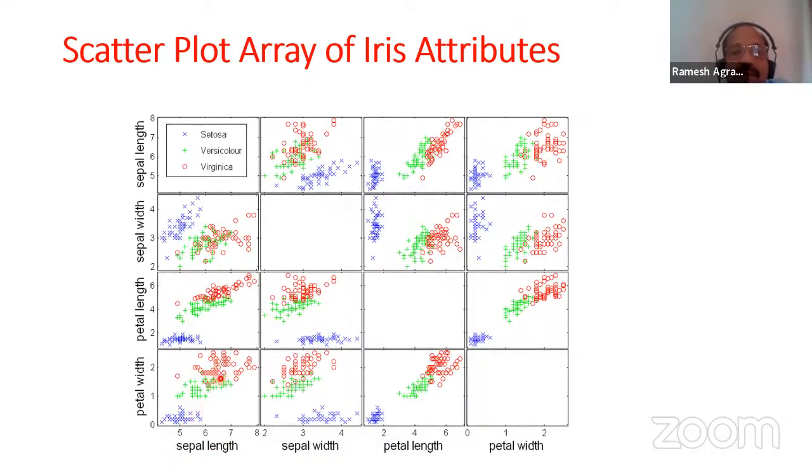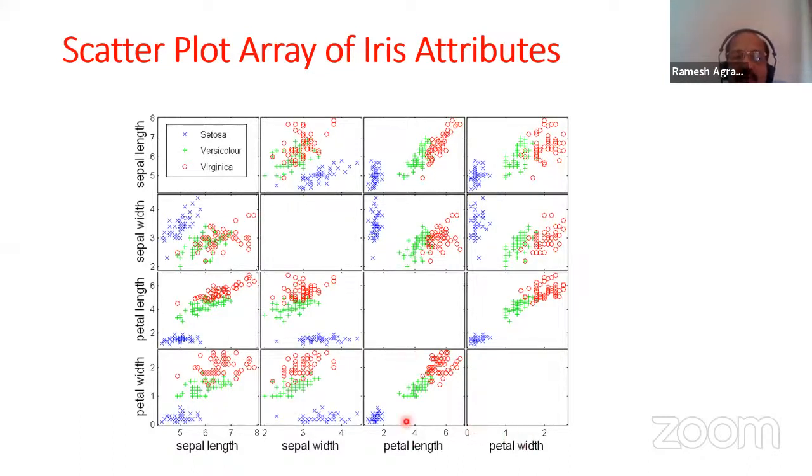Blue is setosa, the green plus symbol represents versicolor, while the red circle represents virginica. You find that there is no relationship between sepal length and petal width. If you increase sepal length, petal width is not changing for all three kinds of data in general.